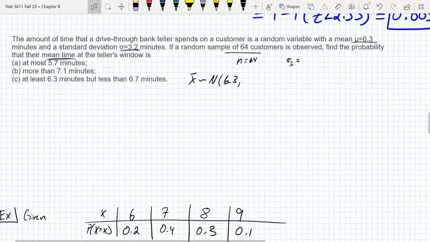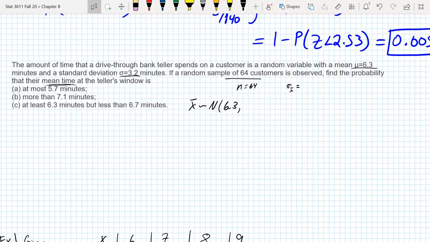So in this case, we're looking at 3.2 divided by the square root of 64. Well, we have n is 64 here. Square root of 64 then is 8. So 3.2 divided by 8, that's actually a nice 0.4.